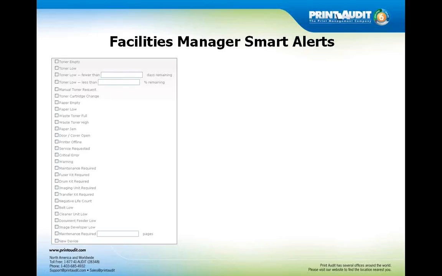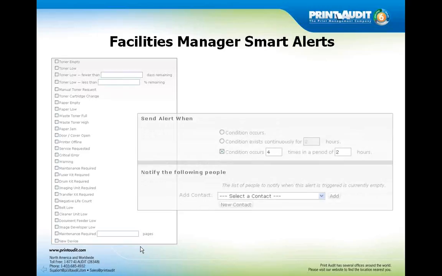But there's one specific way that sets us apart from others in the industry, and that is with respect to smart alerting. We let you actually create conditions around the alerts that are coming out of your customer's site. So rather than just knowing every time a printer goes into a paper jam, we can create a smart alert condition that says, tell me whenever a paper jam occurs 4 times within a period of 2 hours.